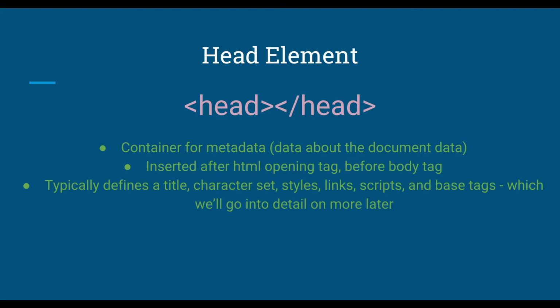It's data about the document data. It's inserted after the HTML opening tag but before the body tag. And it can have a title inside of it. It could define the character set, styles, links to other pages, scripts to help improve your code, which again, we're going to talk about all this stuff in detail in a future video.